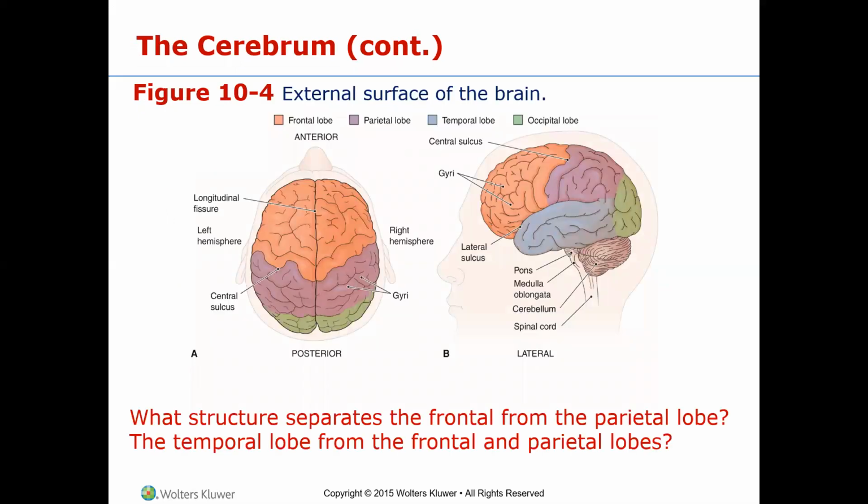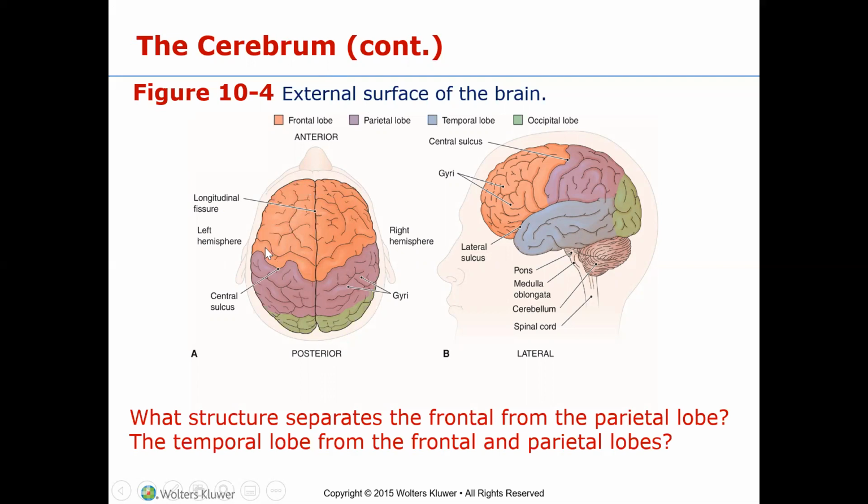So if we look at the external surface of the brain, you'll note that we have all of these folds, and those folds are the gyri. Dividing the left and the right cerebral hemisphere is this longitudinal fissure, as you can see here, and it goes all the way through.